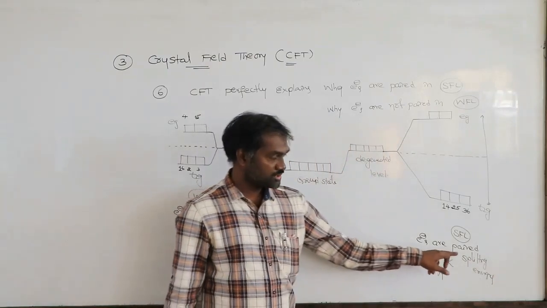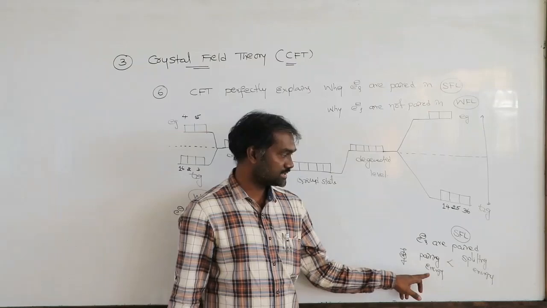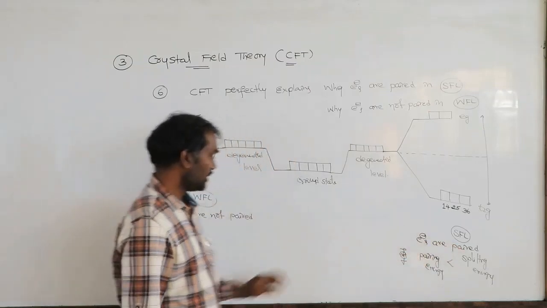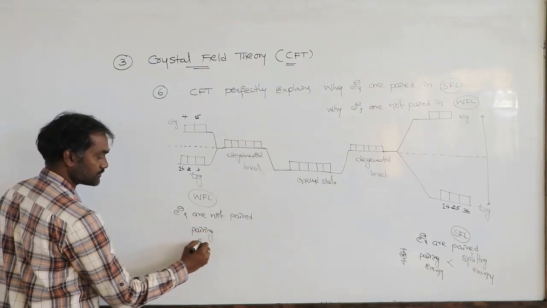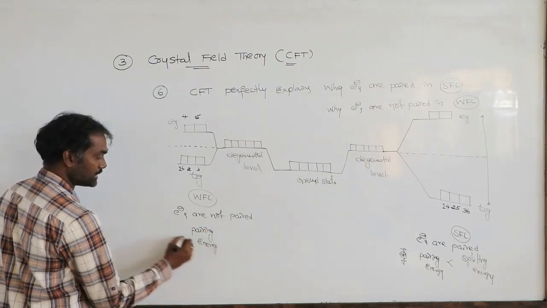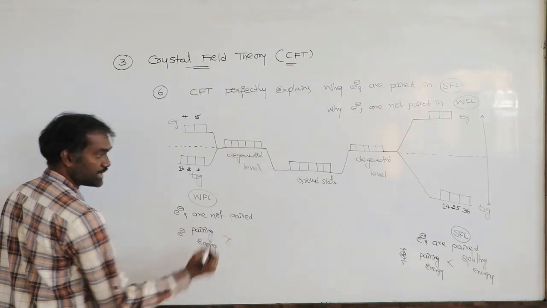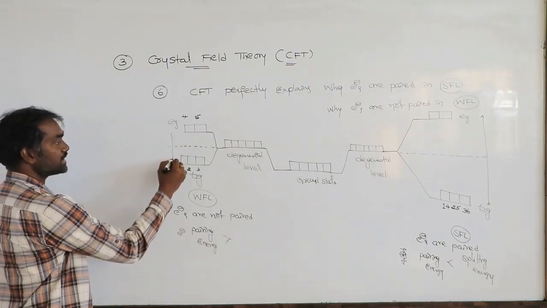So compared to splitting energy, pairing energy is less, so that's why they are paired. But here, pairing energy is very high. Electron pairing energy is much higher than splitting energy.